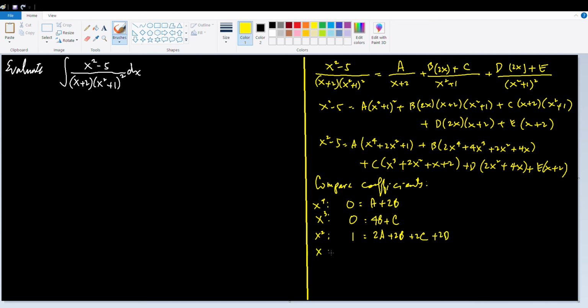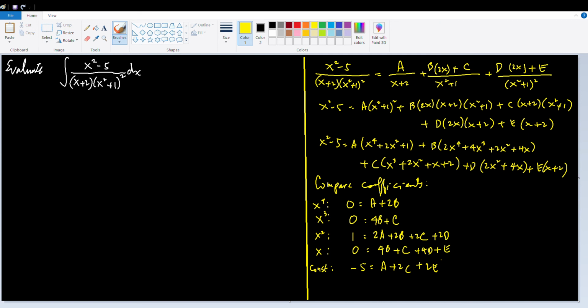Then x, 0, 4b plus c plus 4d plus e. Then the constant, negative 5, a plus 2c plus 2b. Okay.